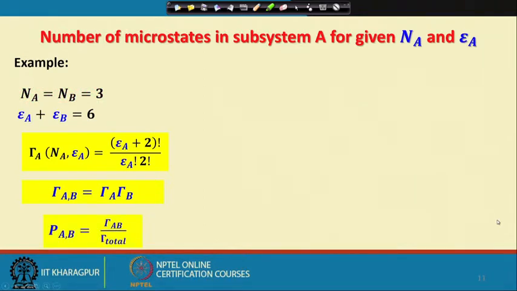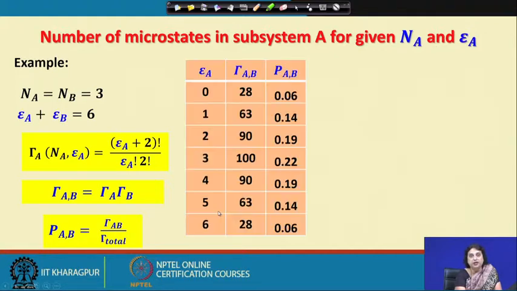Now, if I go a little farther, I know what the total number of microstates is, and therefore, if I divide this gamma A B by gamma total, what I get is the probability that I find the composite Einstein solid in such a state that subsystem A has energy epsilon A and subsystem B has energy epsilon B, and they are independent of each other.